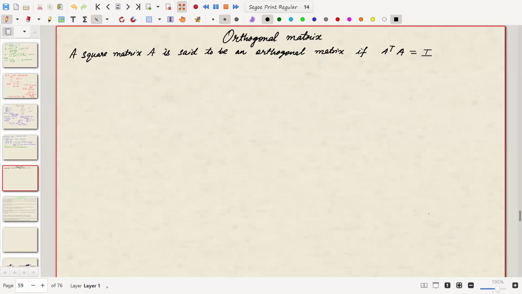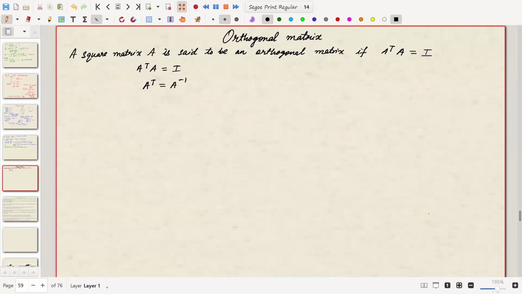Fine. It is a very important matrix because it forms one of the basic elements in singular value decomposition. So if A transpose A equals the identity matrix, can we multiply A inverse on both sides and get this?